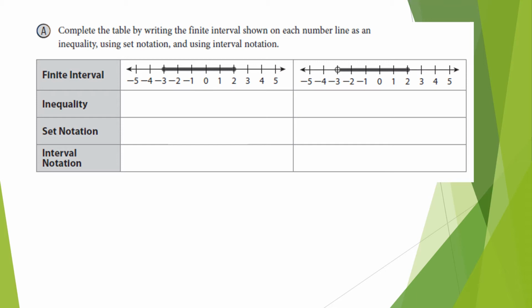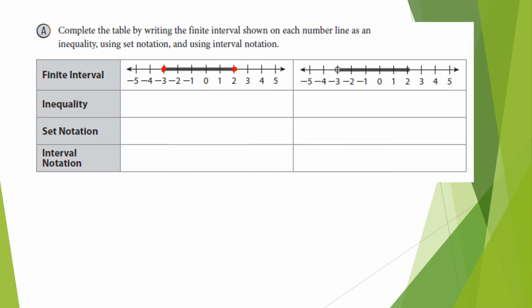Complete the table by writing the finite interval shown on each number line as an inequality, using set notation and using interval notation. If I can see here, this point is closed. So in the inequality I'm going to write the smallest number, then the X in the middle, and then 2.